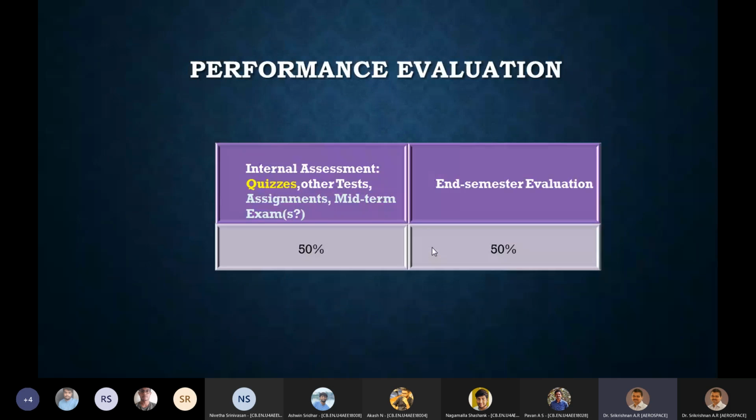Now, when I say quizzes and assignments, quizzes will usually follow the normal pattern, but assignments I would try to make at least some of them presentations by you on given problems, which may have a bit of a design flavor or analysis flavor, where you extend whatever has been discussed in the class to specific situations, analyses, or applications.